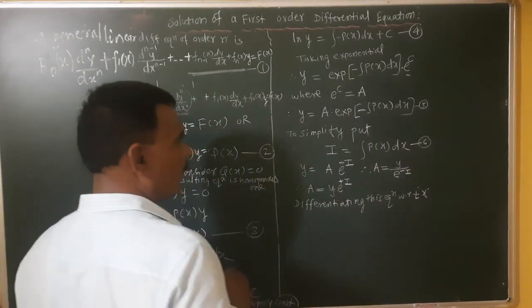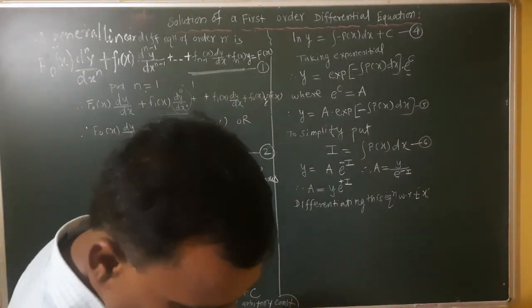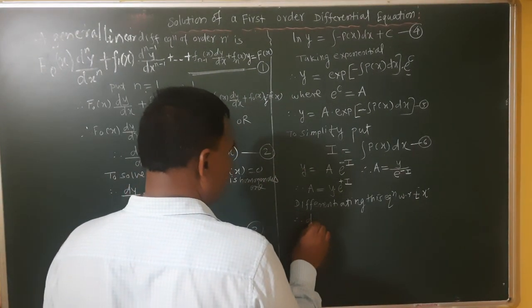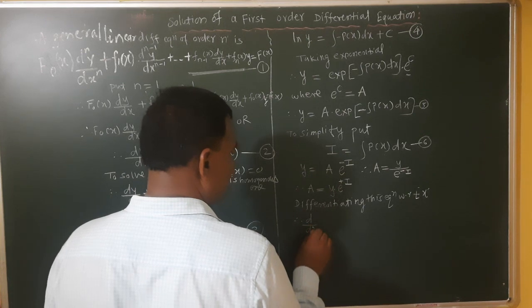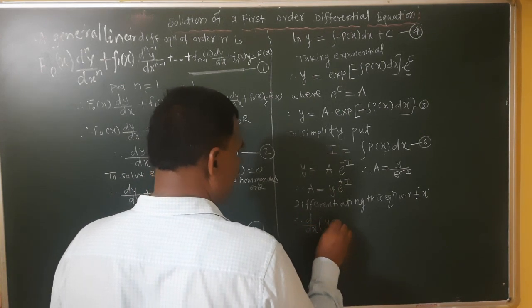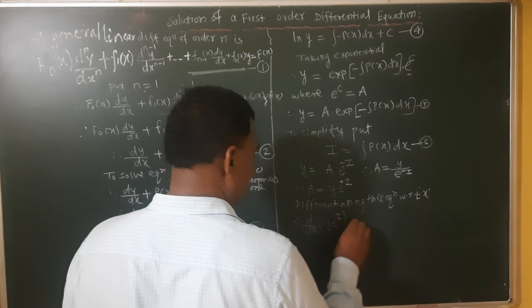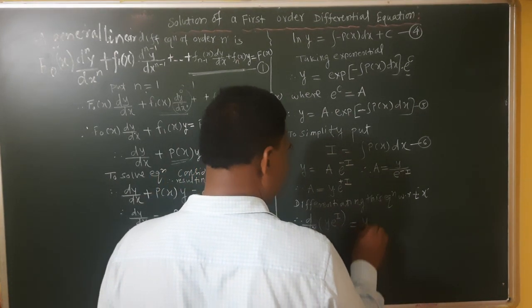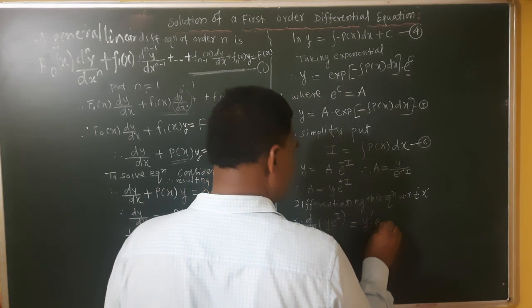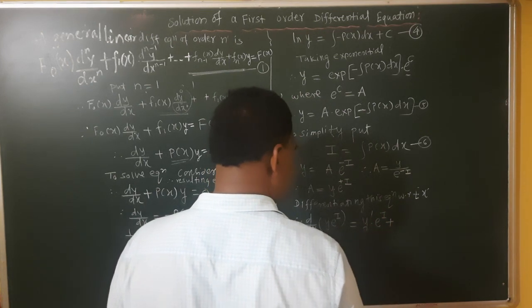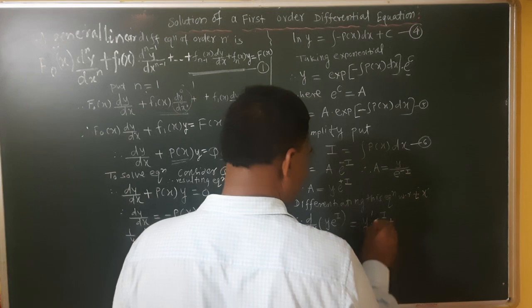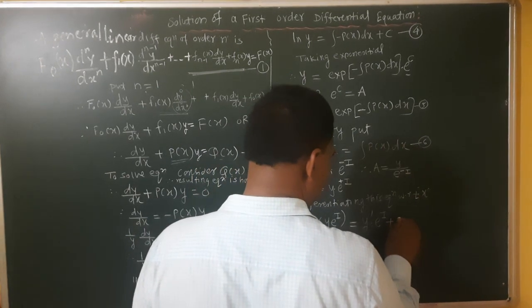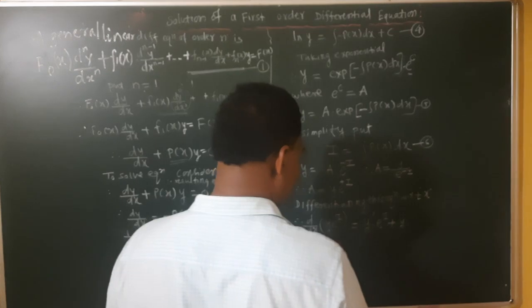Differentiating this equation with respect to x, we have d by dx of y raised to I, that is equal to the derivative of the first, dy by dx, that is y dash, into e raised to I, plus second function as it is, plus first function as it is into the derivative of the second.